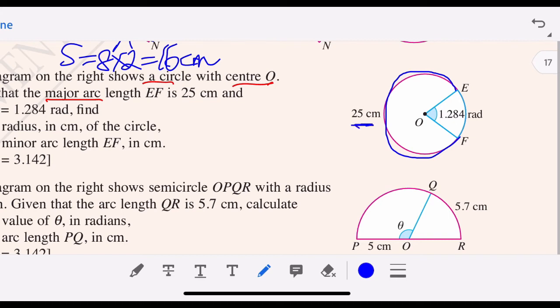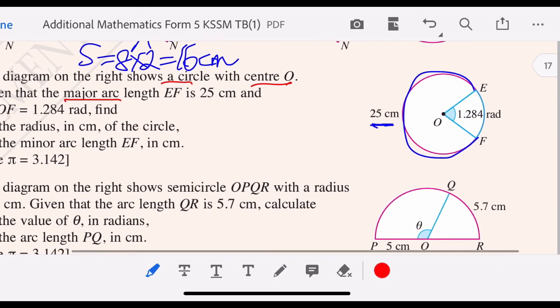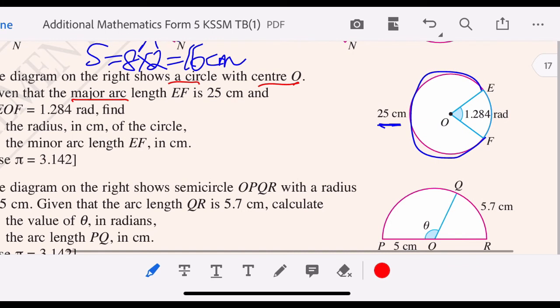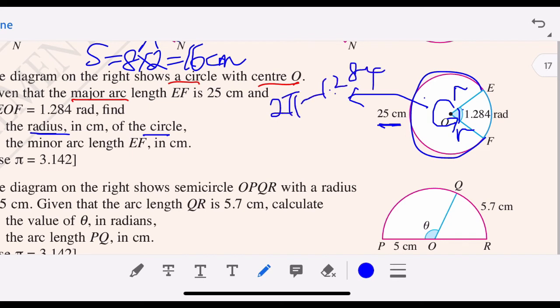It's given the major arc length is 25 centimeter, and the angle is 1.284 given here. So you're asked to find the radius of the circle. Let's say the radius is r. The angle here you actually can find using 2 pi minus 1.284, right?